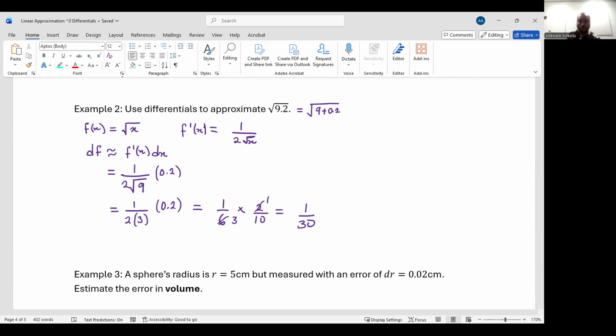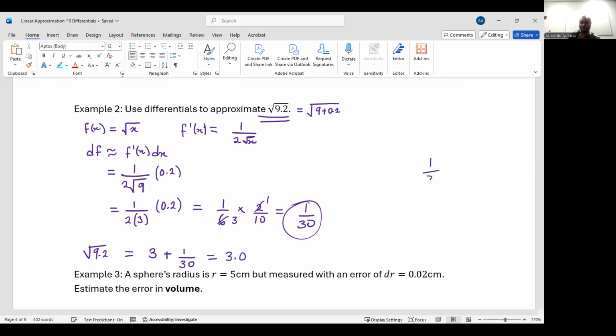Now, what is the value of square root of 9.2? So that is 3 plus we expect this change in our y value. So that is 3.130.